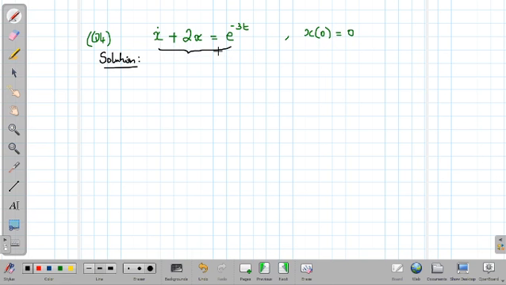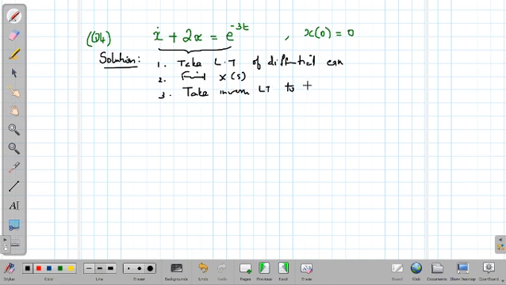Third, because we need to find x of t, that's why we are asking for X of s, then take the inverse Laplace transform to find x of t. So these are the 3 steps.